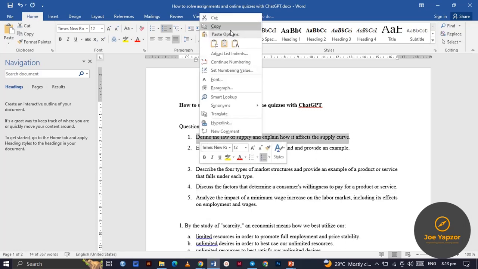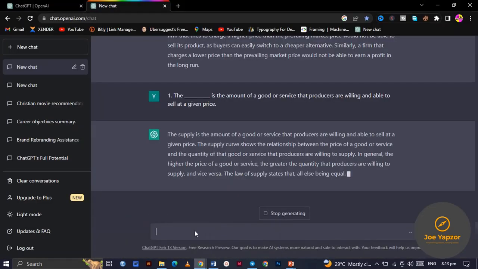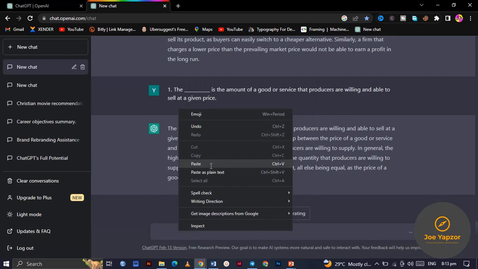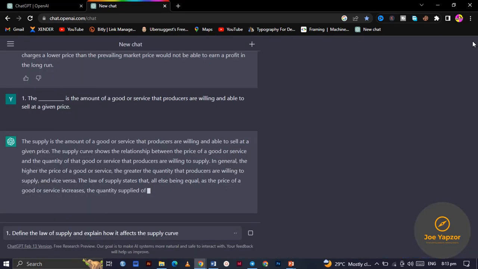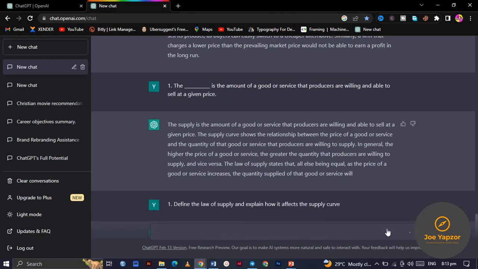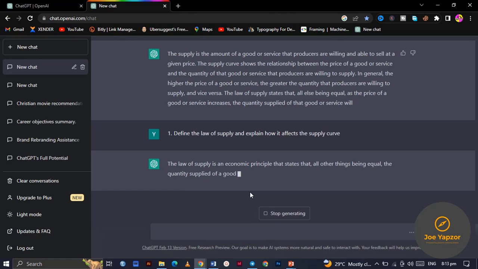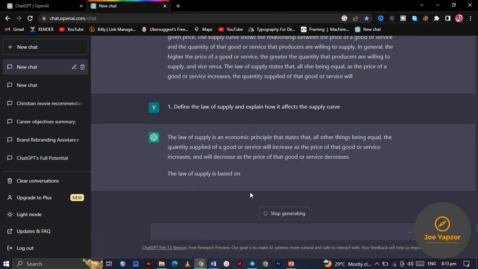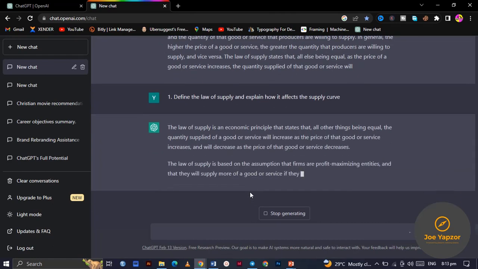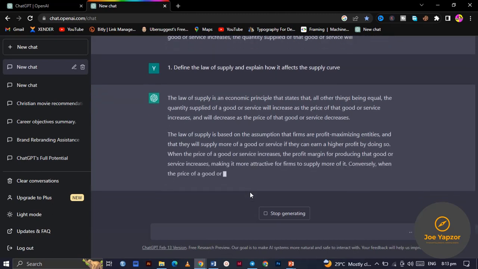So here it says, define the law of demand and supply and explain how it affects the supply curve. Sorry about that. It's still writing for the owner. I'll just stop it. So it goes on to explain that all other things being equal, the quantity supplied will increase when the price of goods and services increases, and decrease when the price of goods and services decreases.